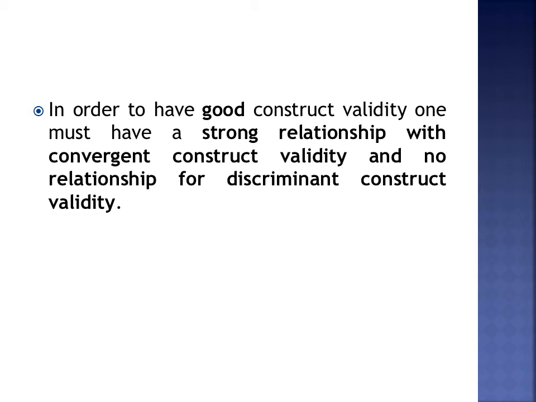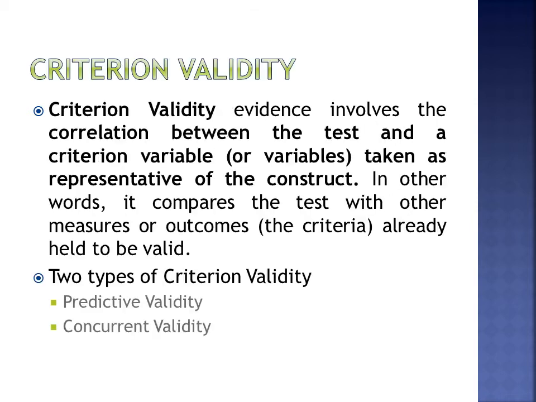Once they have administered them, just to make sure, they check both of them. The convergent validity should show a good or strong relationship, while there should be no relationship to the discriminant construct validity. With this, you will be able to get a good construct validity.